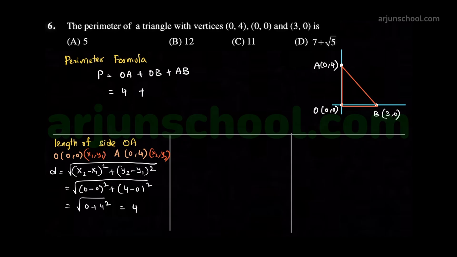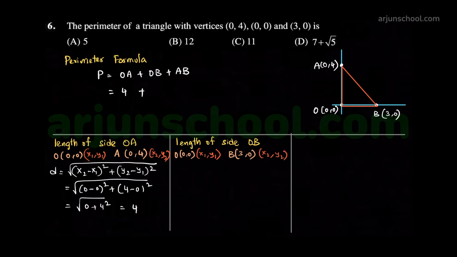Now, let us find the length of the side OB. The points are O (0, 0) and B (3, 0). The first one is x1, y1 and the point B is x2, y2.